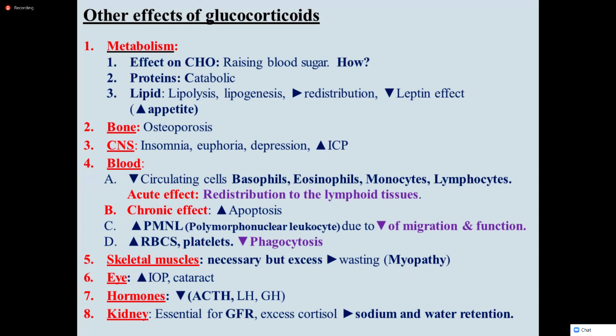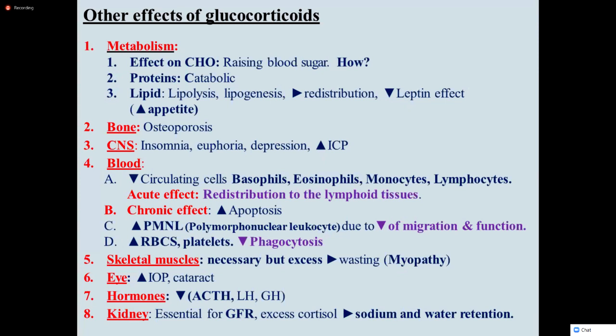Then hormones, it decreases the release of ACTH, LH, and growth hormone. On the kidney, although it is essential for the glomerular filtration rate, if it is used in excess or for a long time, it may lead to sodium and water retention.